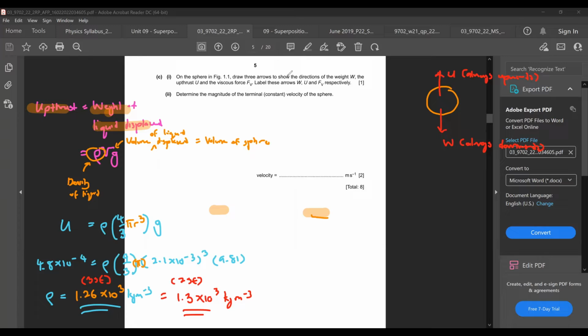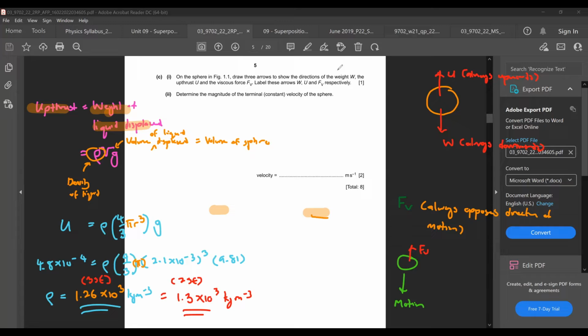But viscous drag, FV, this one you need to be careful of. Viscous drag always opposes the direction of motion. What I mean by that is that if your object is falling down, this is the direction of your motion, your FV would be upwards.